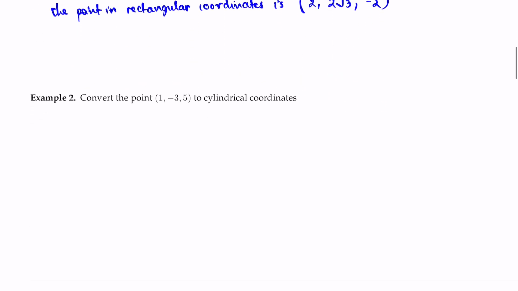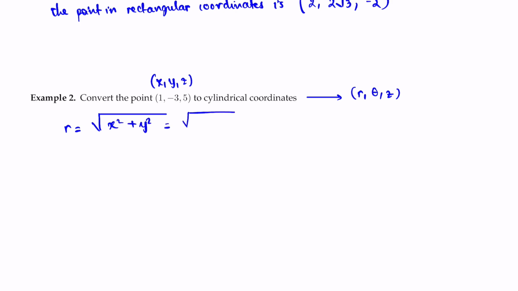Now in example 2, you want to convert the point 1, negative 3, 5 to cylindrical coordinates. So the point given to us is in rectangular coordinates. So the point has the form x, y, and z. And you want to convert this point into the point of the form r, theta, and z. To get r, you're going to calculate the square root of x squared plus y squared.